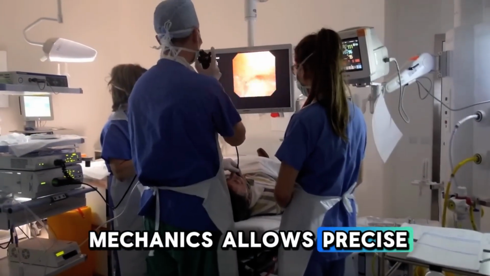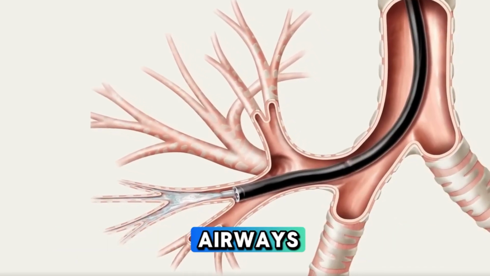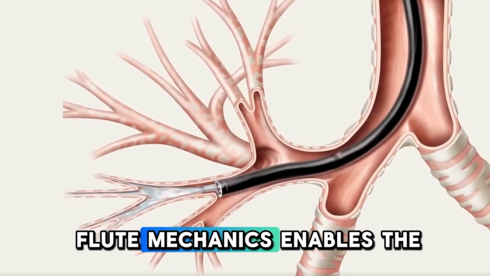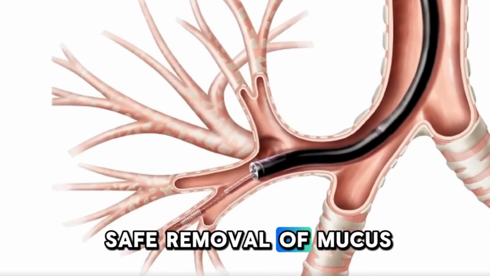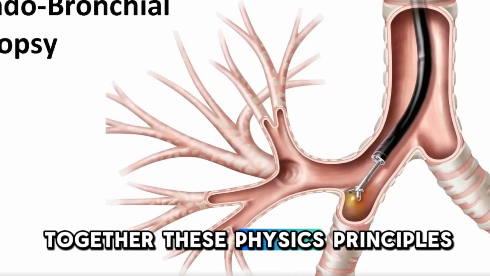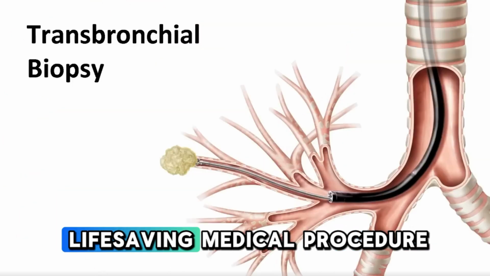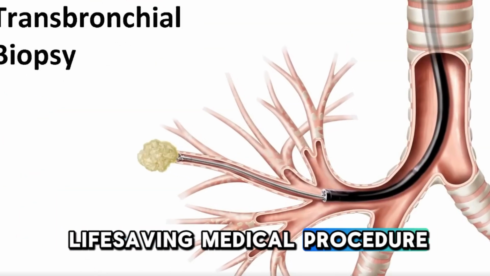Mechanics allows precise and controlled movement of the bronchoscope through the airways. Fluid mechanics enables the safe removal of mucus, blood, and other substances. Together, these physics principles make bronchoscopy an effective and life-saving medical procedure.